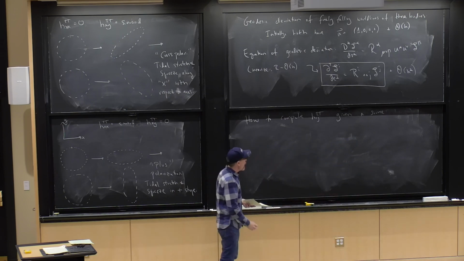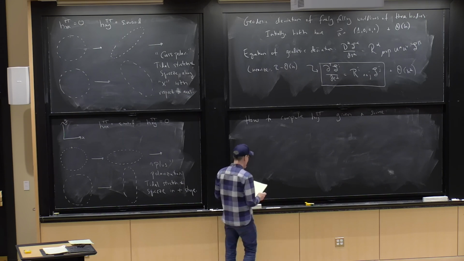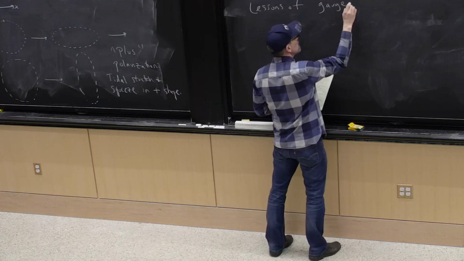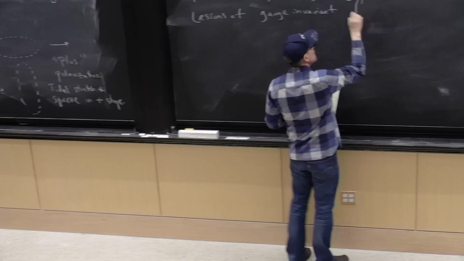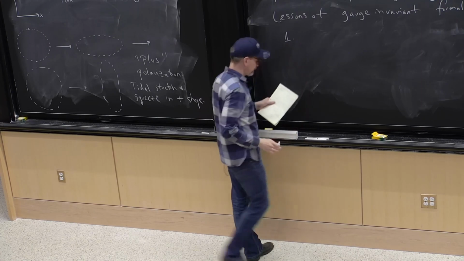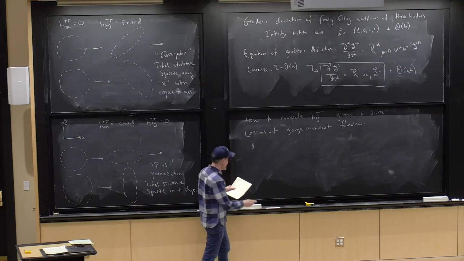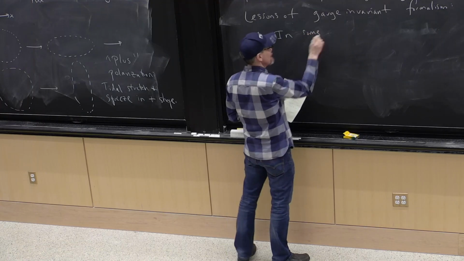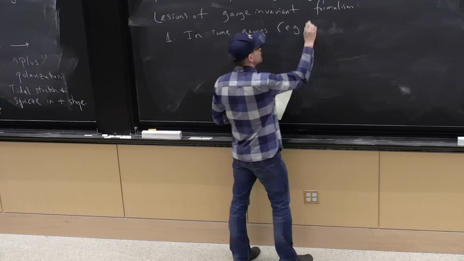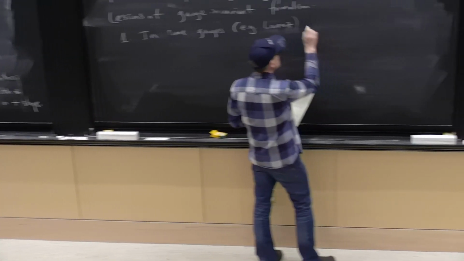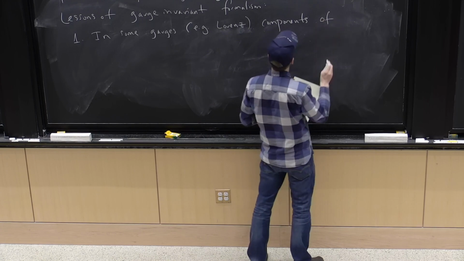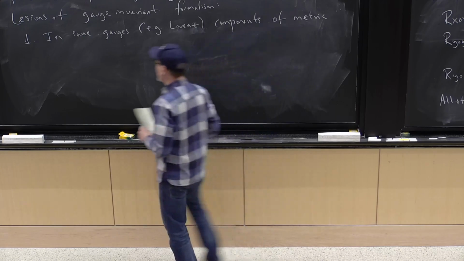And what I'm going to do is borrow one of the most important lessons of that gauge invariant formalism. We need to be cautious of the fact that in some gauges, for example, the Lorentz gauge, which is so convenient for solving the Einstein equations, components of the metric appear to be radiative, whether they are or they aren't.